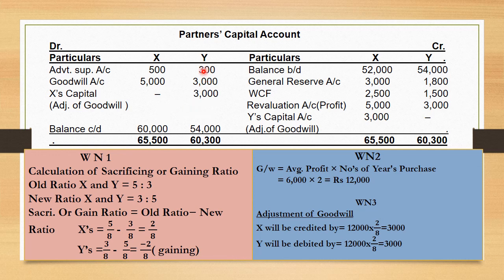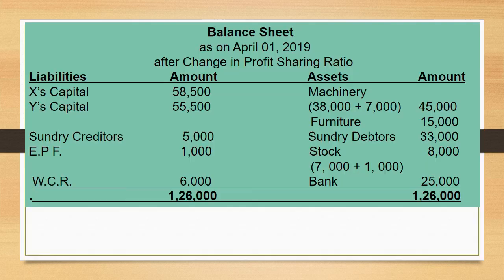Now after writing all the relevant information regarding capital account, next step is to compute balance C/D. It means the balance of capital which is to be represented in partner's capital account after change in profit sharing ratio, and it comes to be 60,000 for X and 54,000 for Y. Now after preparation of partner's capital account, our final and the last step is preparation of balance sheet.